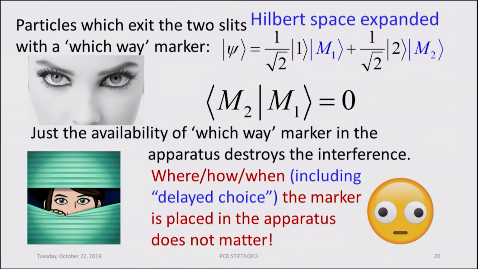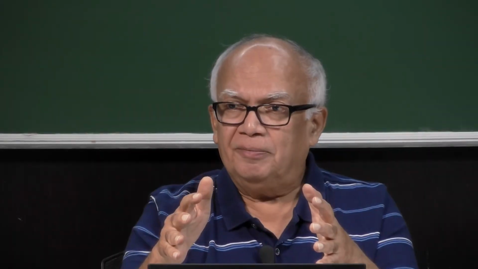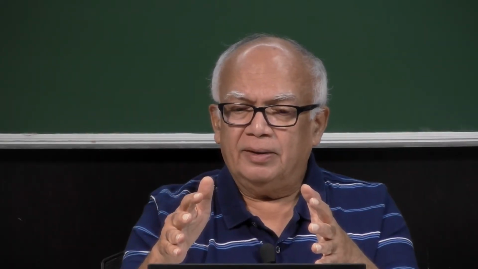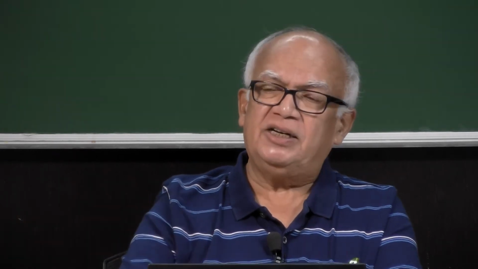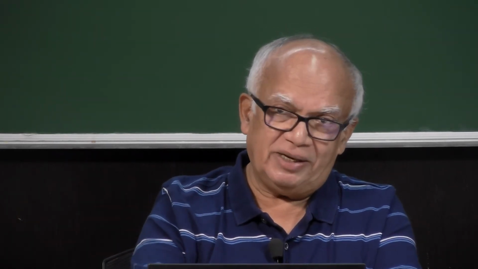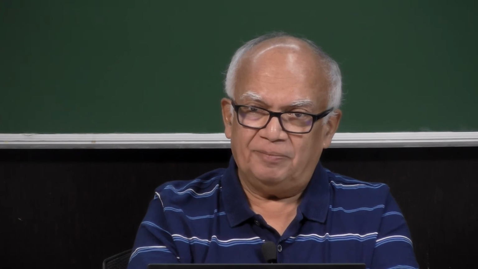If you open your eyes and peek, you use this marker, then you will know from which slit it has come, and just the presence of this marker, with its orthogonality, is what destroys the interference. It does not matter whether you carry out the delayed choice experiment, because the state vector itself has got the marker states built in.